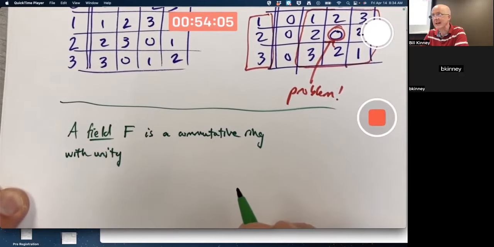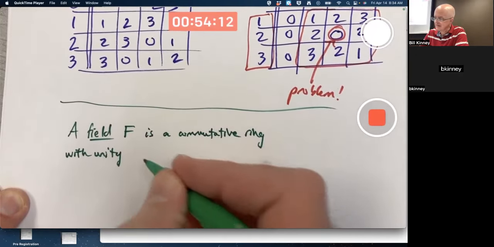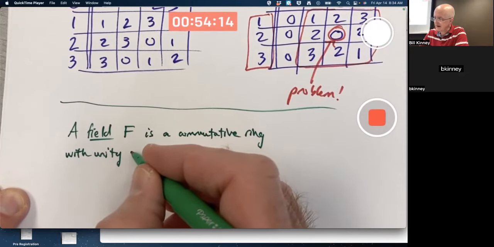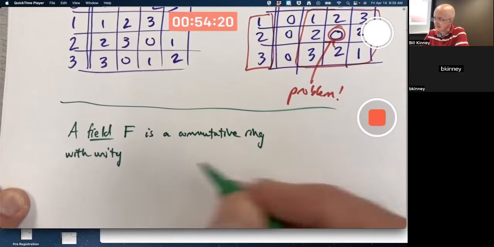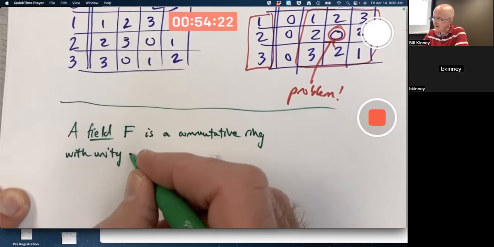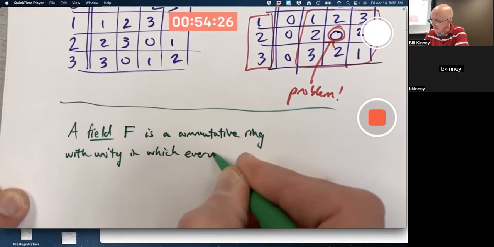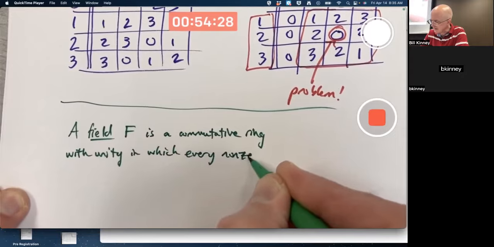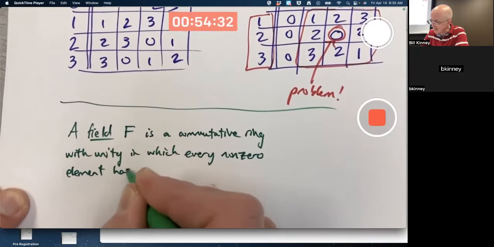It's got to have a unity if every non-zero element is going to have an inverse. Okay, it's a commutative ring, so the non-zero elements are already abelian, you might say. I'll just say in which every non-zero element has a multiplicative inverse.